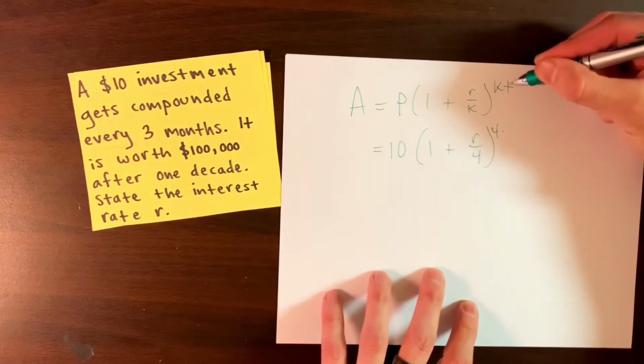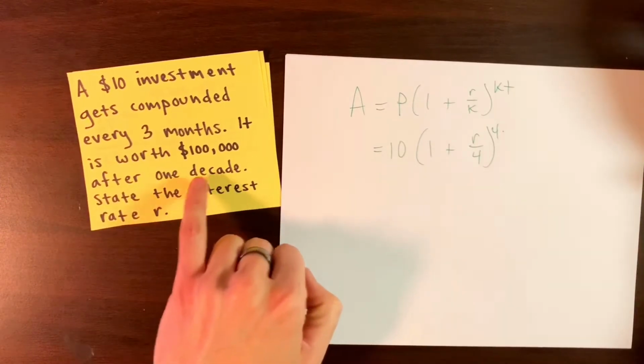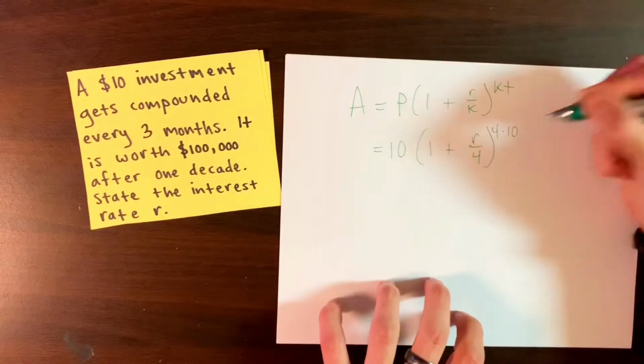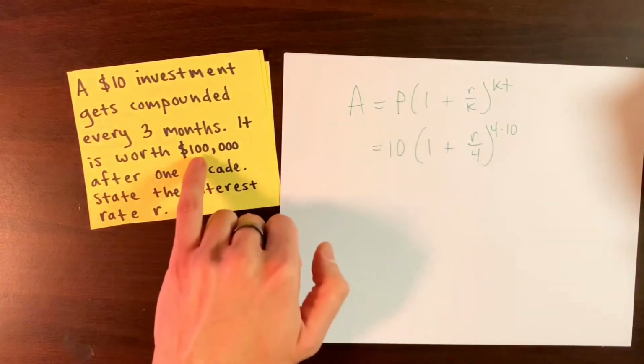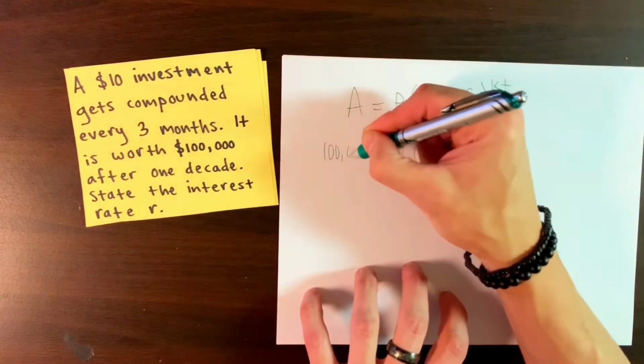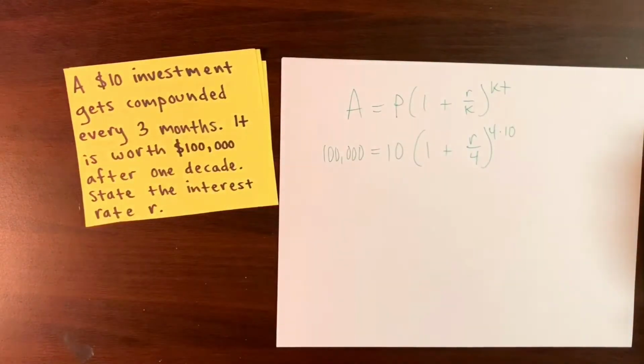And then T is always years when you're talking about compound. The years is 10 because it says a decade. I don't know R, but I know the amount after 10 years is 100K. There we are. The goal is to find R. So let me just run right through this.